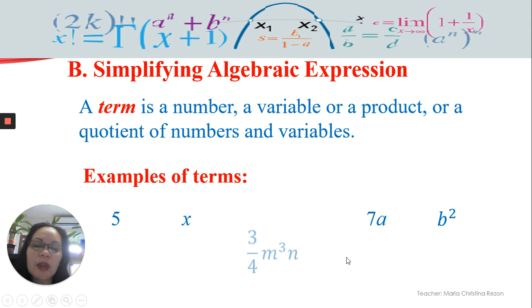And then you can also have a product or a quotient of both constants and variables. You have 3 over 4, that is your number. You have m cubed and n, so you have two variables here. This one is also a term.